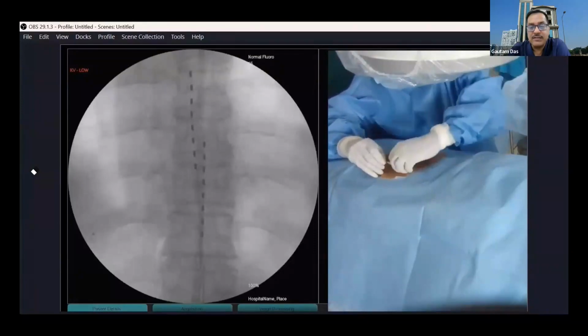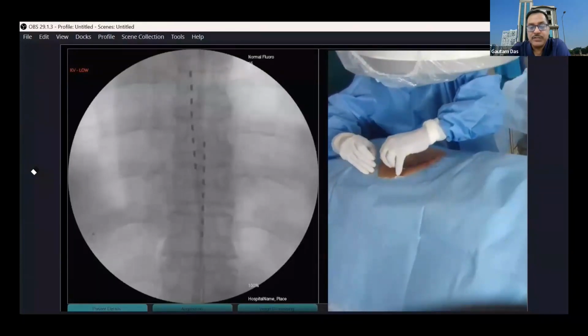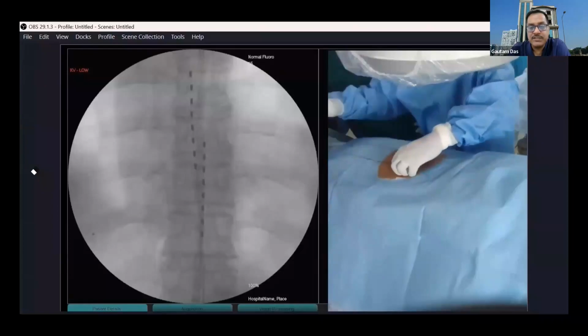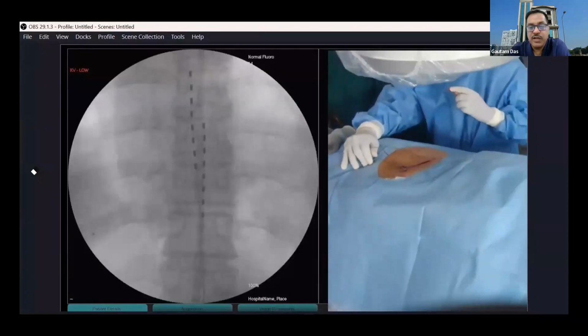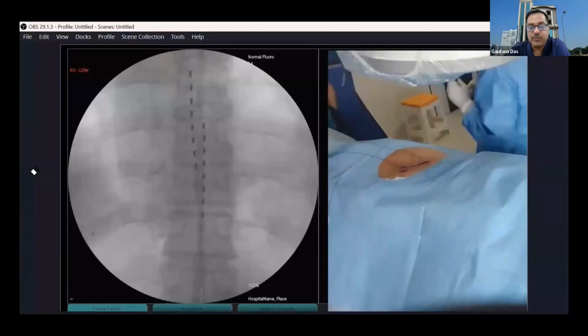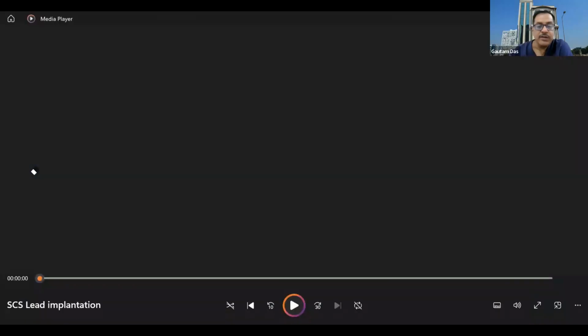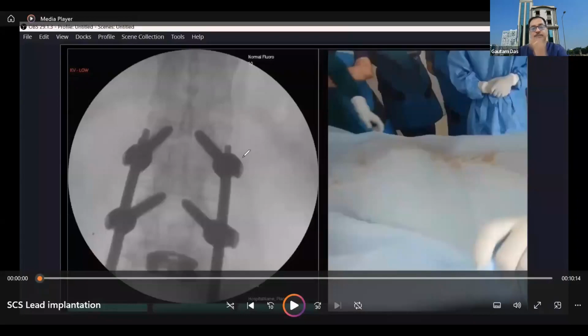The needle is a guard. Once you remove the needle, it is difficult to make incisions around the catheter. So that is the reason small incisions are made around the needle. After you remove the needle, you can increase the incision and put it there in the back. So this is your spinal cord stimulator lead placement.